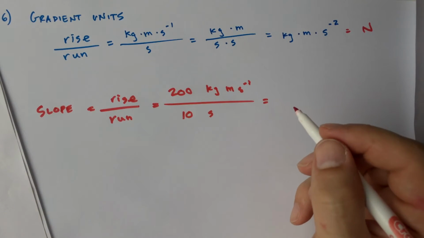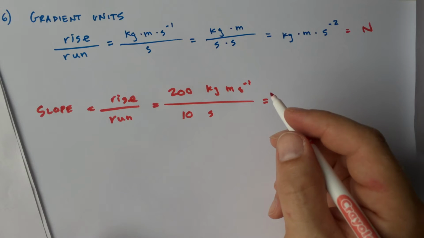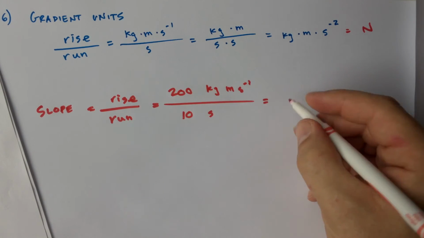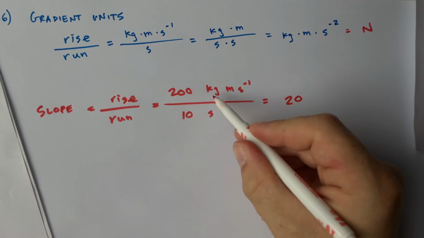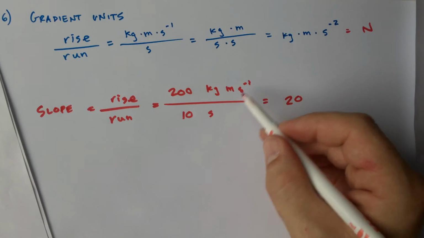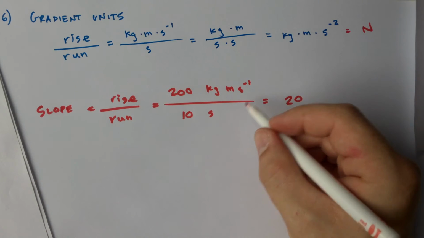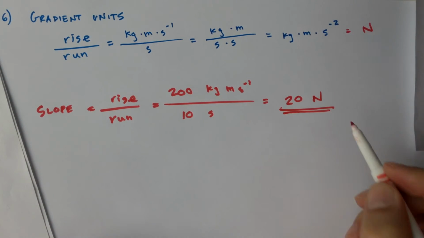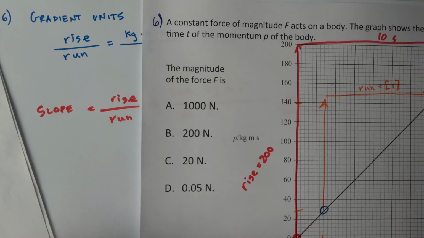It doesn't matter which points you pick, so you might as well pick ones that are simple. And we have 200 divided by 10, that's 20 kilogram meters per second divided by seconds, which gives me a kilogram meter per second squared. That is a Newton. So the slope is 20 newtons, and that also tells us what the magnitude of the force is. C, 20 newtons.